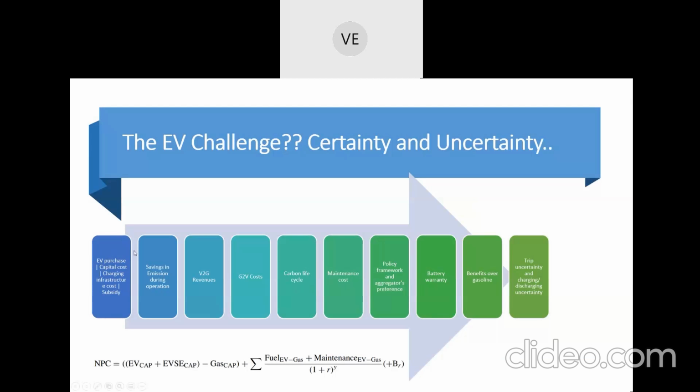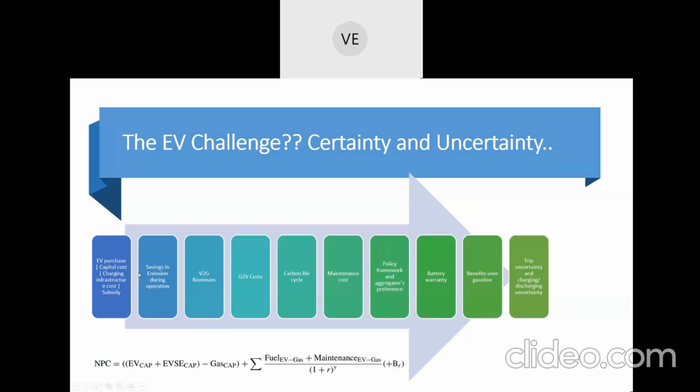At the time of purchase, there is a capital investment which is very high, right? To connect it to the grid, for the charging infrastructure also there is an upfront cost, but obviously you will get some subsidy based on the regulator, whoever regulates the system. If he gives some subsidy, then it's fine. Now, there is savings in emission during operation.